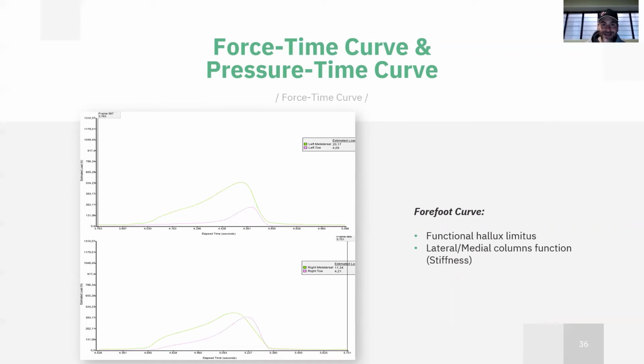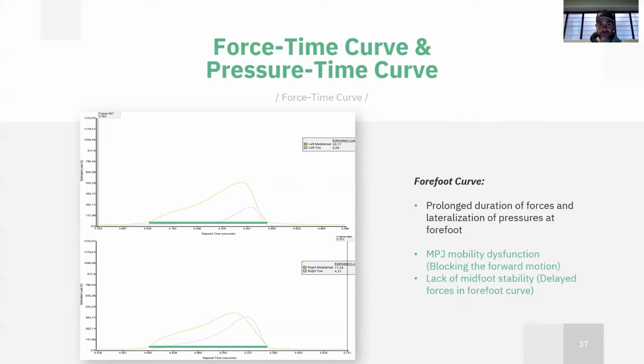By looking at the isolated curve of the forefoot, we can identify limitus in the function and the mobility of the hallux. We can identify problems related to functional hallux limitus, and also look at how the function of the lateral and medial columns of the foot is working.